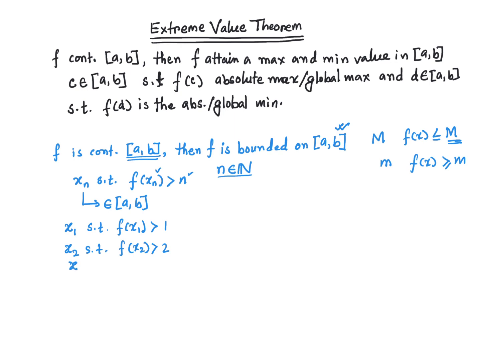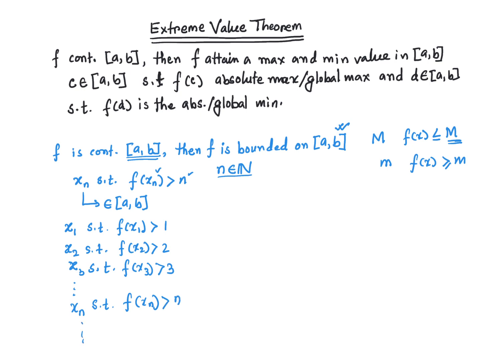I could find x sub 3 such that f of x sub 3 is greater than 3. Why can I do that? Because my assumption is that the function is not bounded in that interval. And in general, I could find x sub n such that f of x sub n is greater than n.